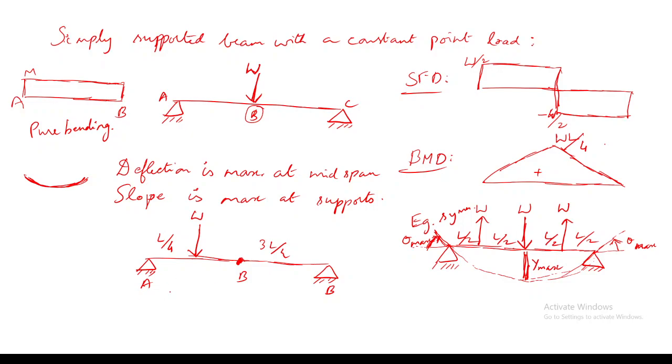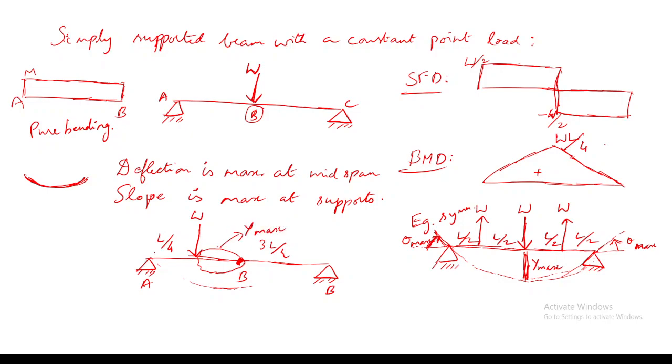So in this case, this is an example for unsymmetrical loading. When you draw the deflection curve, it will look something like this. So you can see the deflection to be maximum in this region, in between this region you will have maximum deflection.